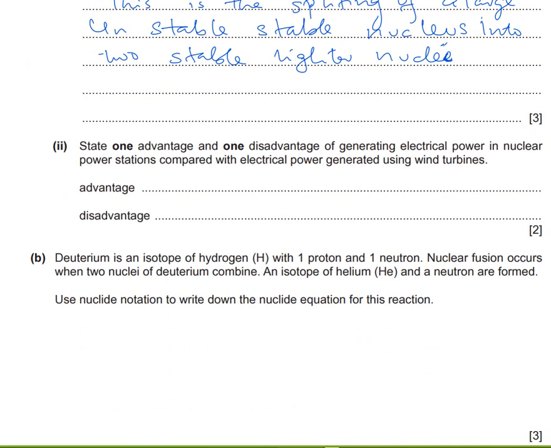So let's go to Roman numeral 2. State one advantage and one disadvantage of generating electric power in a nuclear power station compared with electric power generated using turbines. So number 1 is that this one does not cause air pollution.